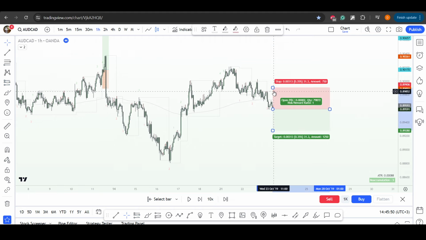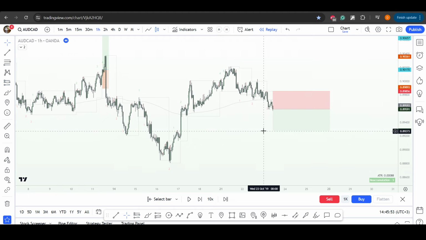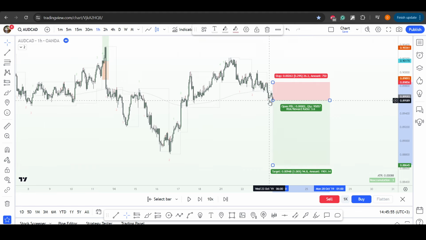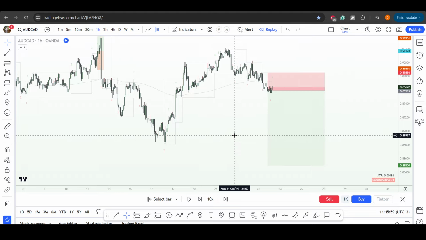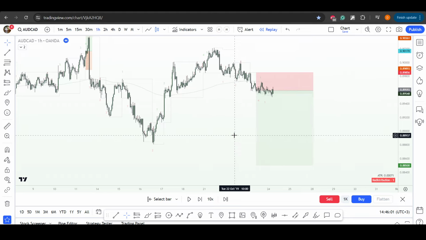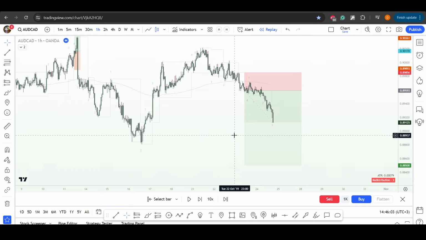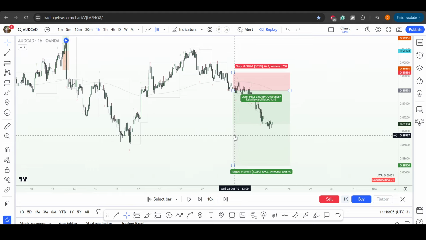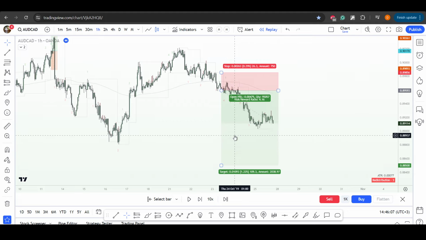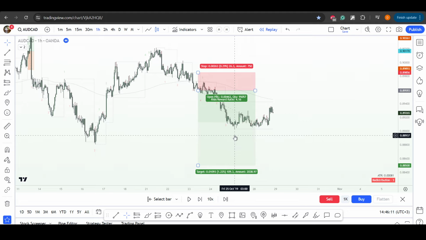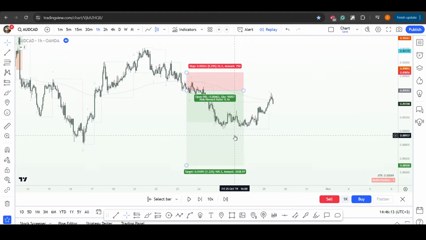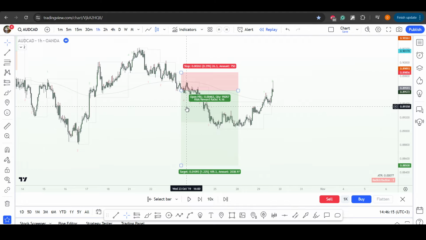So we just enter on the market, kind of on the break of this low. And we are moving to break even. And this is a break even.